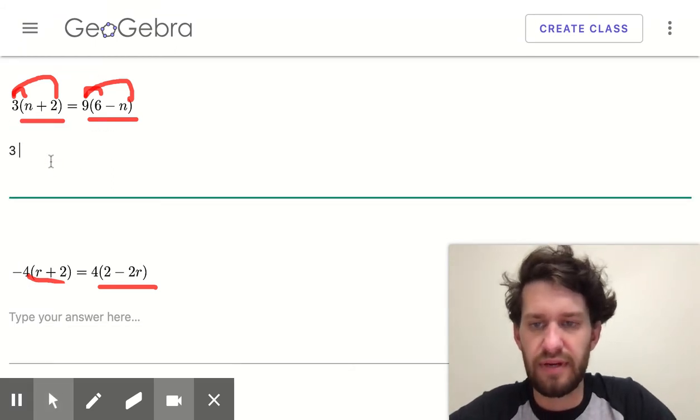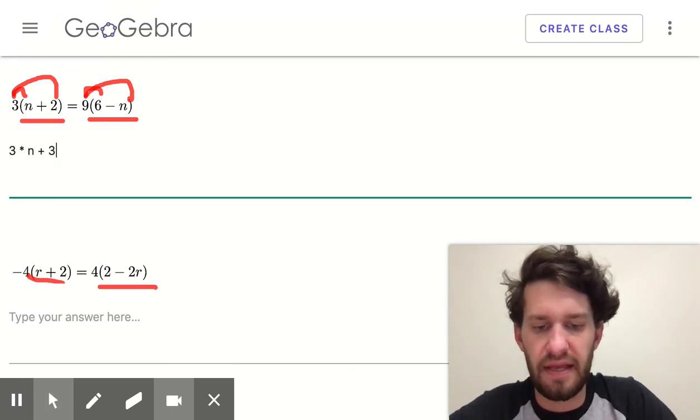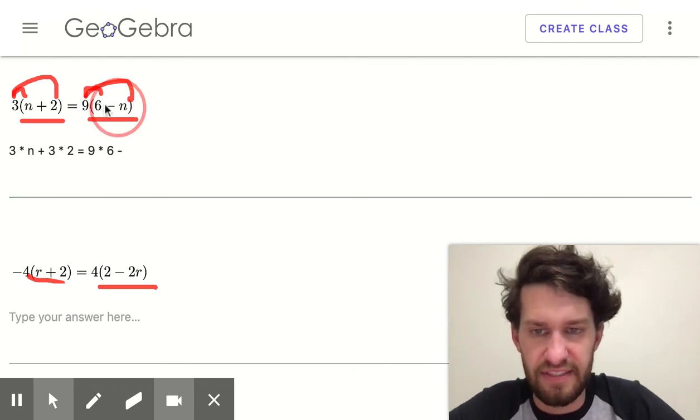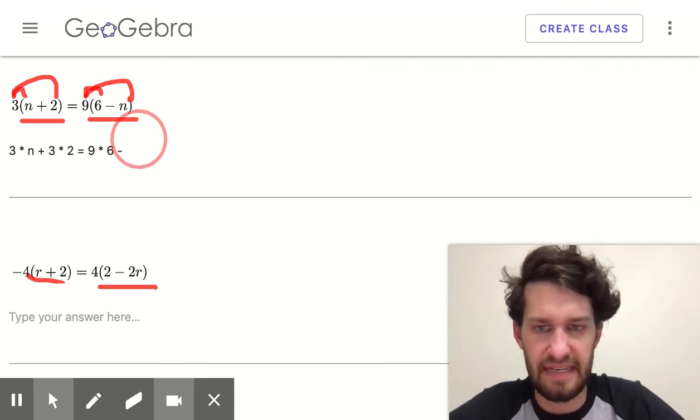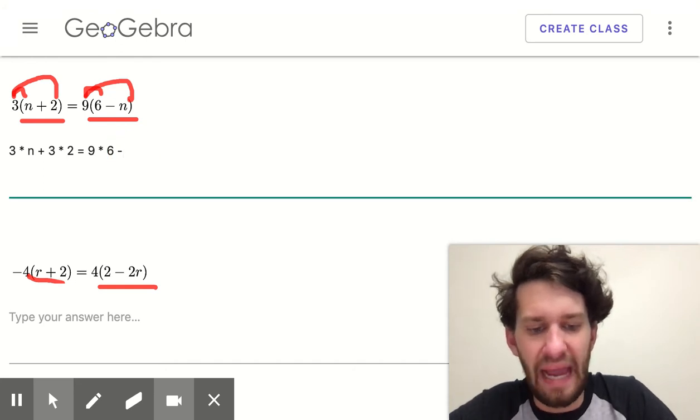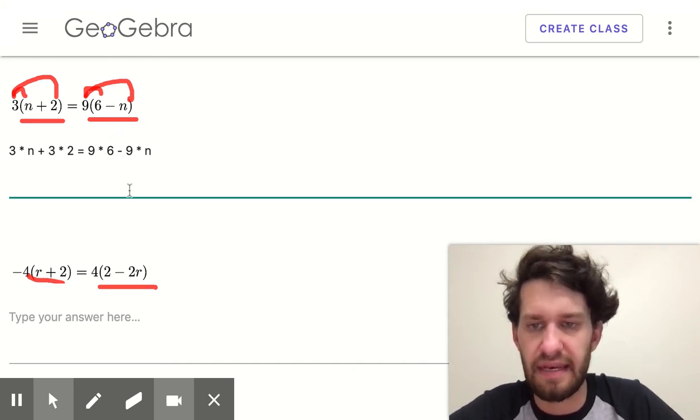So 3 times n plus 3 times 2 equals 9 times 6 minus, we can't forget about that negative sign, right? 6 minus n, so I need to keep that in mind, minus 9 times n.